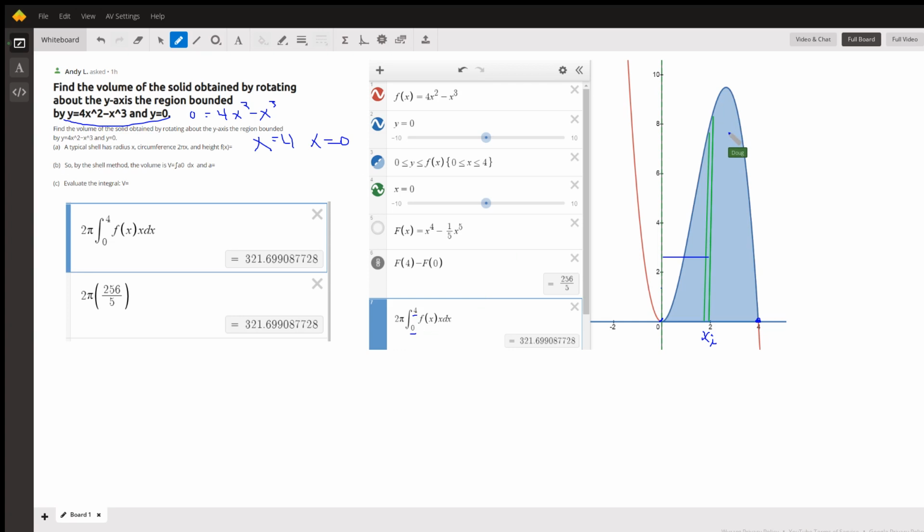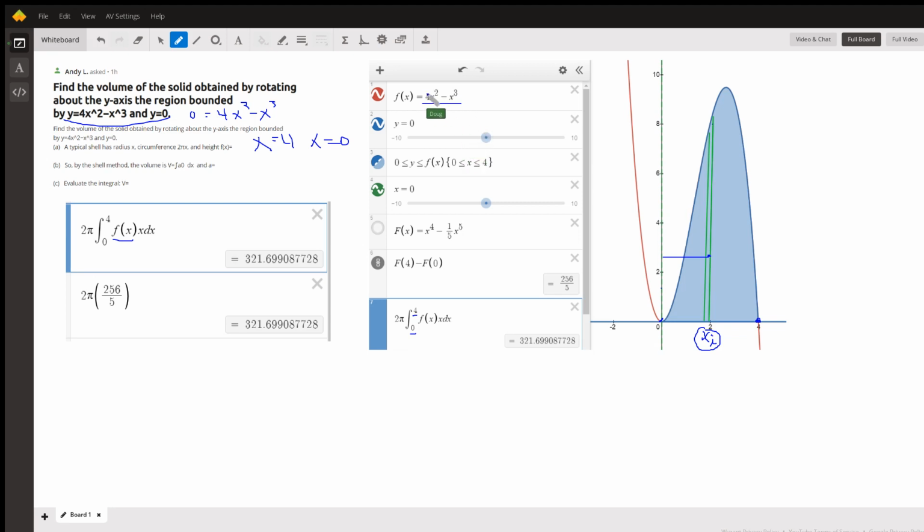Now, the average radius for the shell method is the distance from the axis of revolution to the center of a typical shell. And we say that might be x sub i if we were going to use Riemann sums. But using the shell method, it's the height of the shell, which is the height of this green shell at x sub i, which means you put that into this function right here.